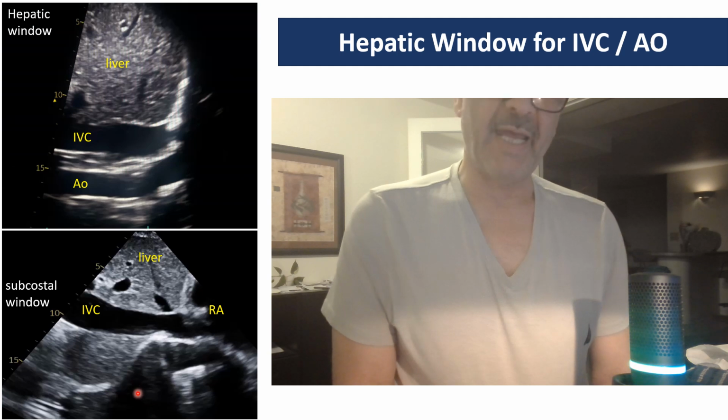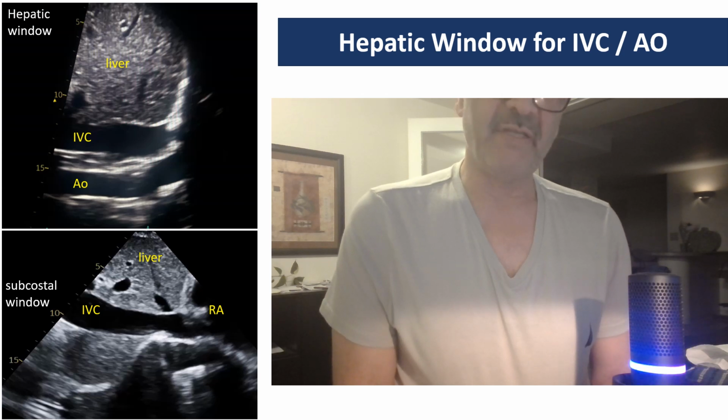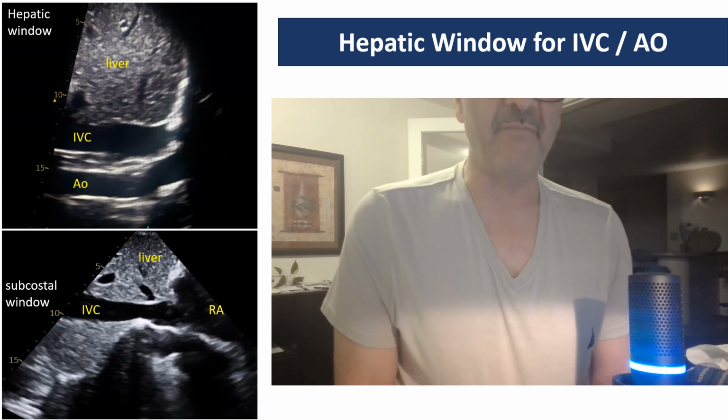One of the important views is the IVC, and most of the time the aorta, at least proximal too. Because IVC size and collapsibility is very important for calculating pulmonary pressure, and even at that level we have the middle hepatic vein.